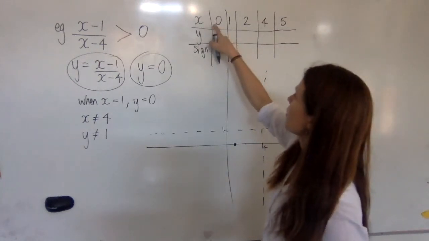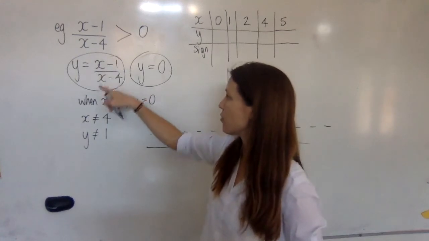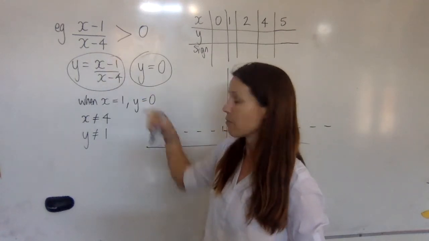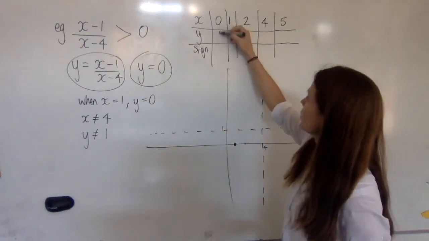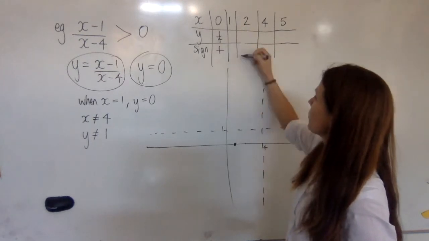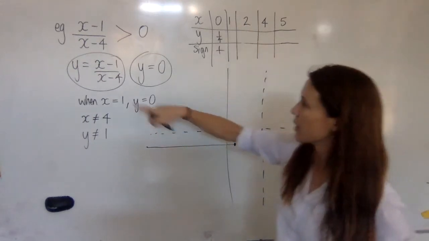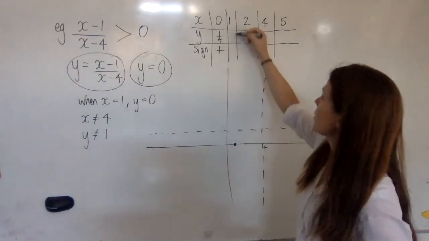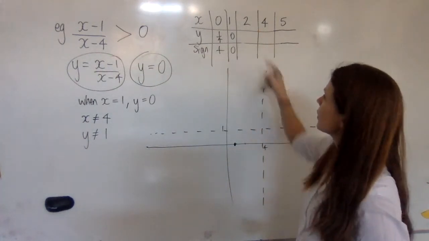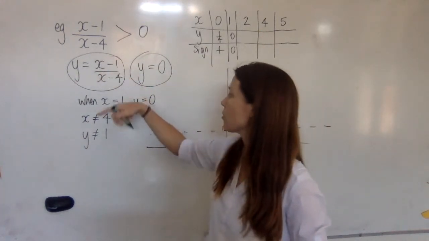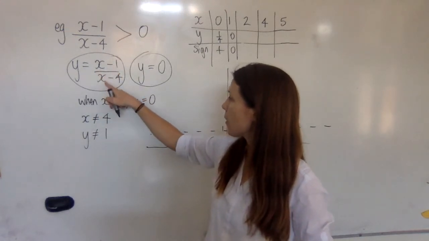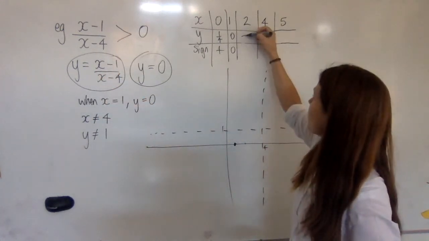Alright, if I sub 0 in for x, I've got negative 1 over negative 4, and that just gives me a quarter. That's a positive number. If I sub in 1 for x, I've got 1 minus 1, I've got 0. So that's 0. If I sub in 2, I've got 2 minus 1, so I've got 1 over negative 2, so I've got minus a half.